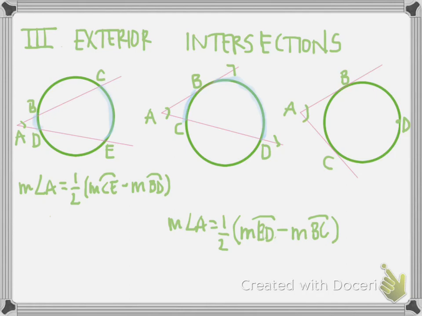And if I wanted to find it with two tangents, it would be 1/2 the measure of BDC minus the measure of BC.